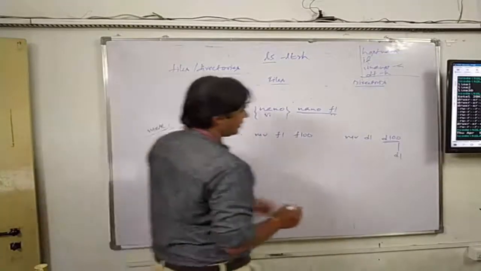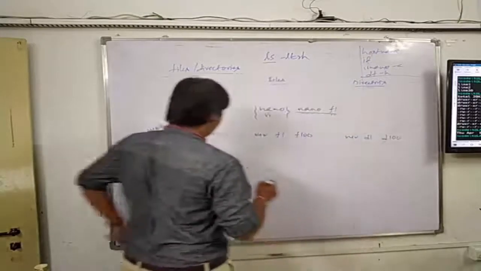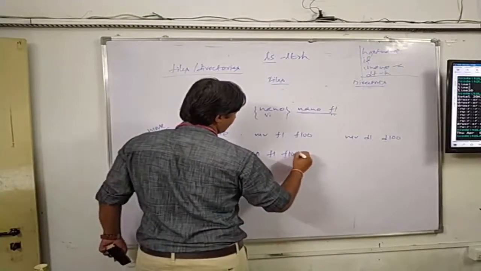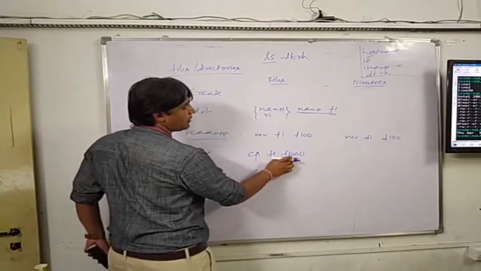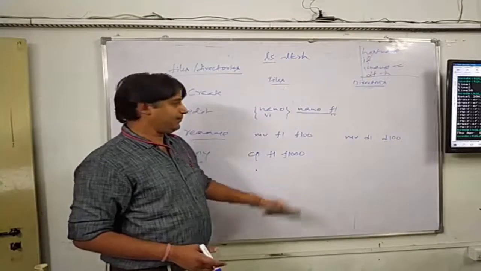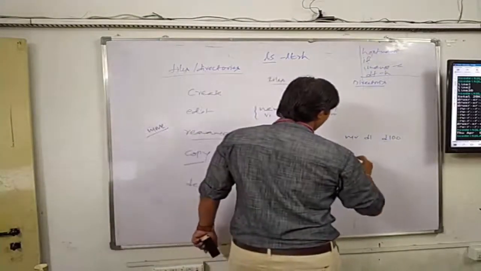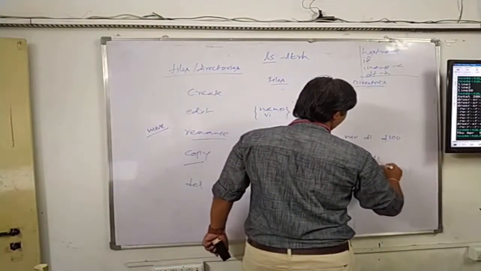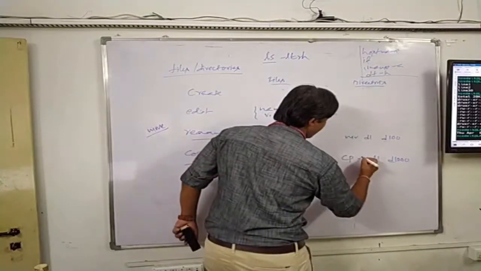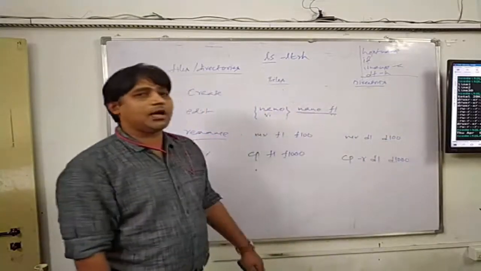Copy. This is a very common thing that you would be using. Copy file 1 into file 1000. So F1 will be copied into F1000. So you have 2 copies now. Now the same thing, copy directory 1 into directory 1000, but you have to say recursively, -R.